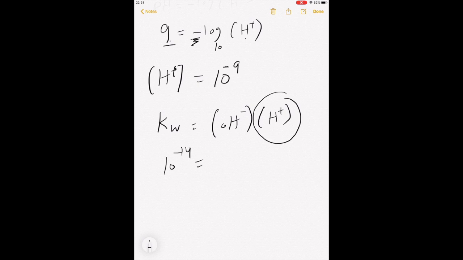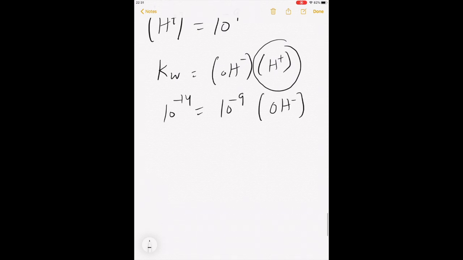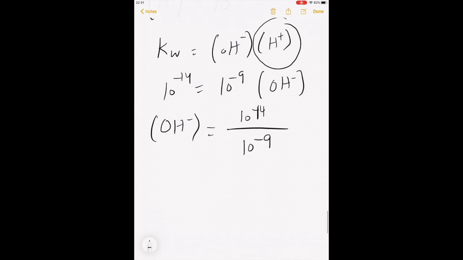You already found that one, which is 10 to the power of minus 9 multiplied by OH minus. That means the hydroxyl ions will be 10 to the power of minus 14 divided by 10 to the power of minus 9. The result of this division will be 10 to the power of minus 5. And that will be the answer.